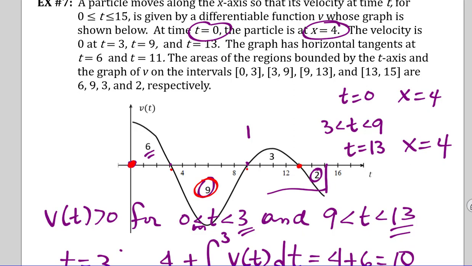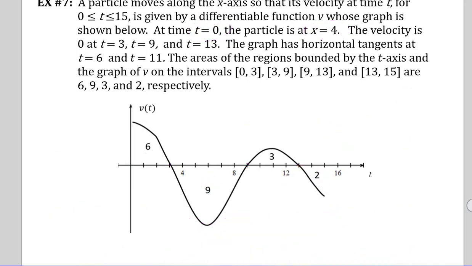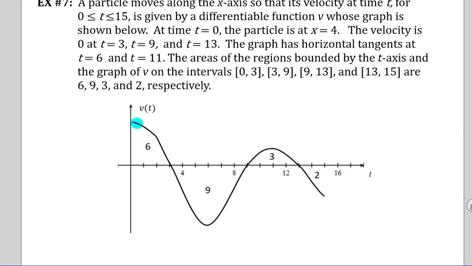So in this case, I'm going to clear this. Okay, in this case, we've got a positive velocity, right here, but our acceleration is negative. So that's not what we're looking for.